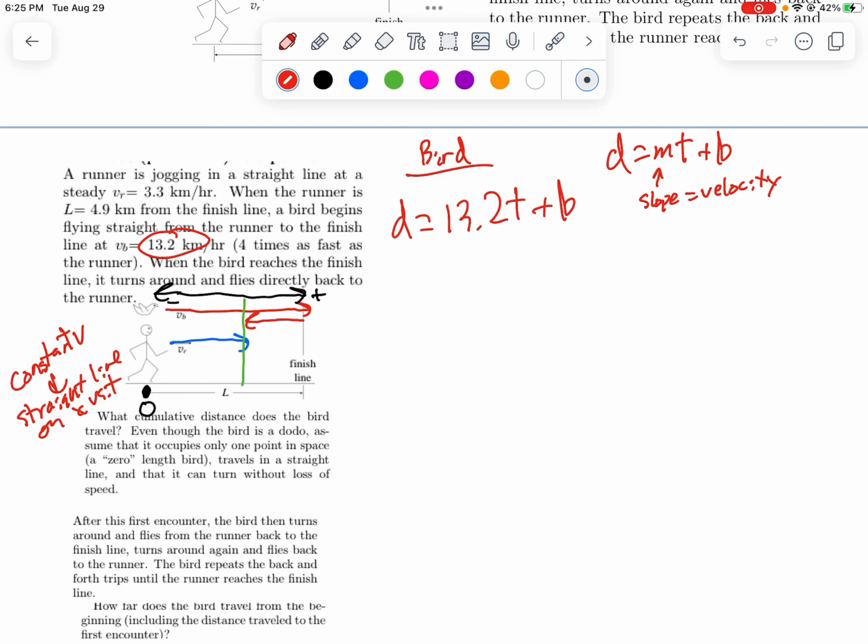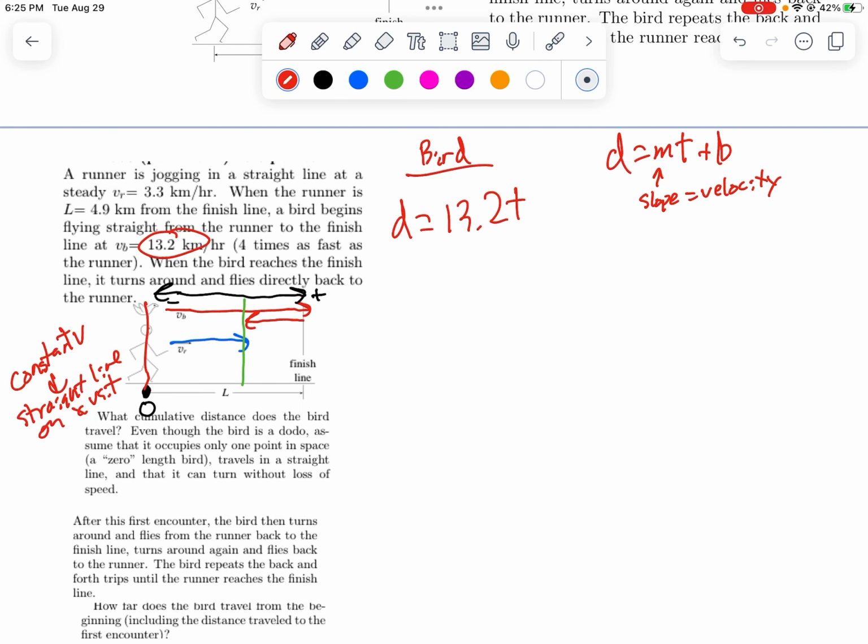Okay, so our model says that at t equals 0, our distance equals 0. So if I plug in 0, that should equal 0, right? So that means b is 0 for the first part. Cool. So it's just 13.2 times t.